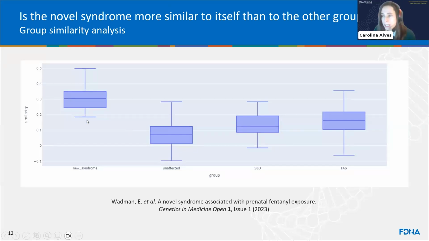We have the minimum and maximum values, we have the median value here in the middle, and the first and third quartile. So in this visualization, we can already see that there is at least a tendency for the similarity of the new syndrome compared to itself being higher than the new syndrome compared to the other groups.